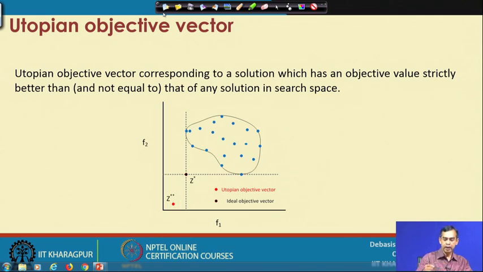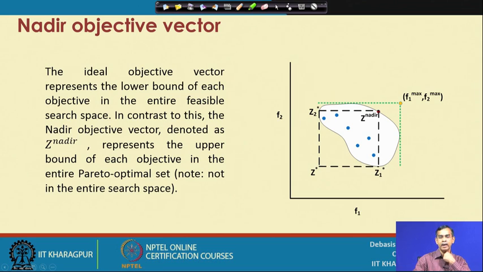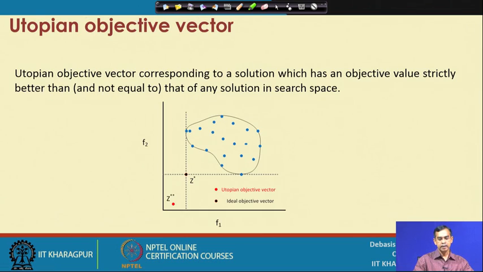Just as the ideal solution is non-existing for conflicting objectives, similarly the Utopian solution is also non-existing when the objectives are conflicting. So, these are the two solution types: the ideal solution and the Utopian solution.